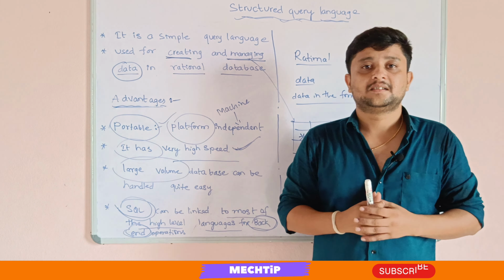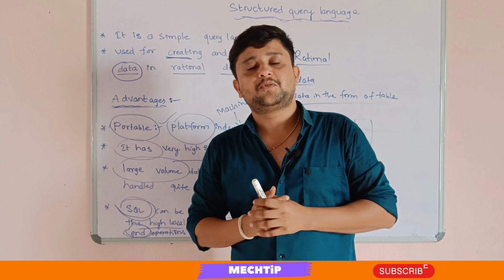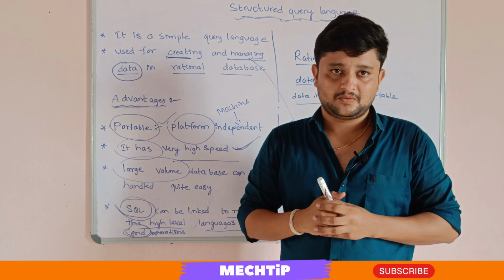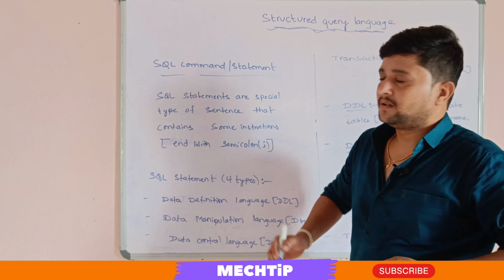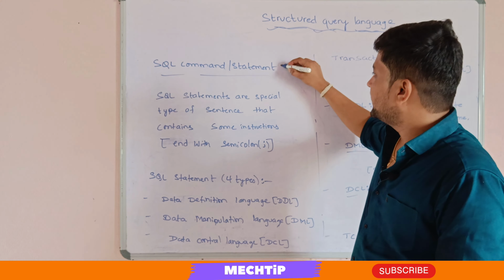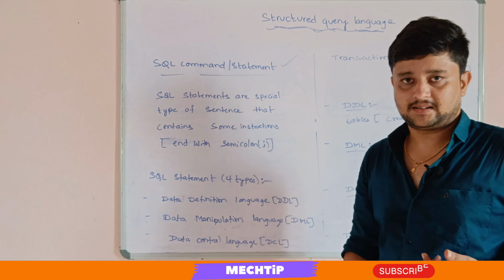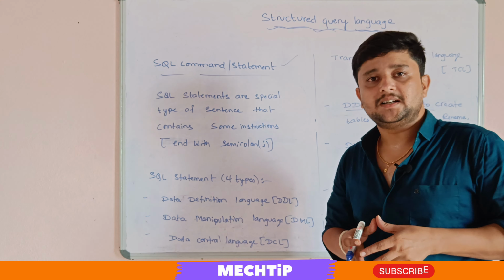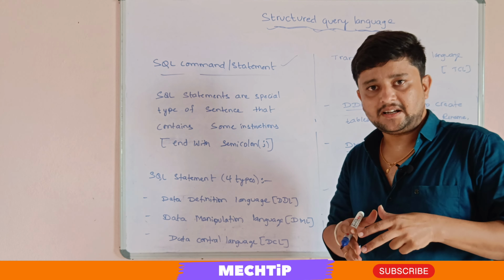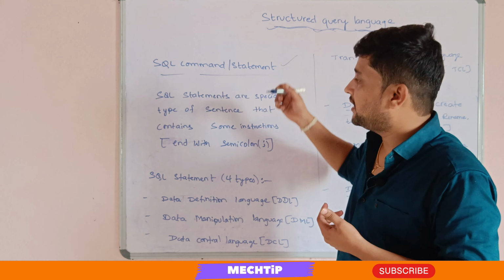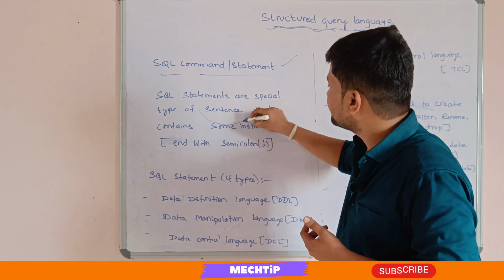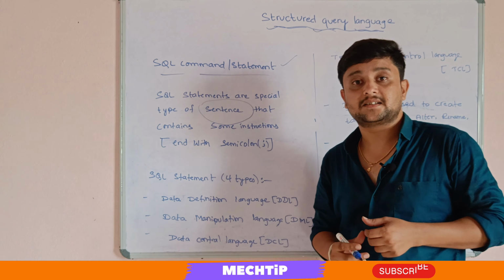Let us discuss what the statement of structured query language is, and what it includes. Here we discuss the SQL command or statement. Command and statement are the same. An SQL statement includes several or different types of special sentences.